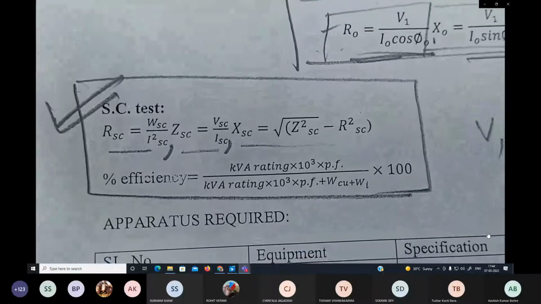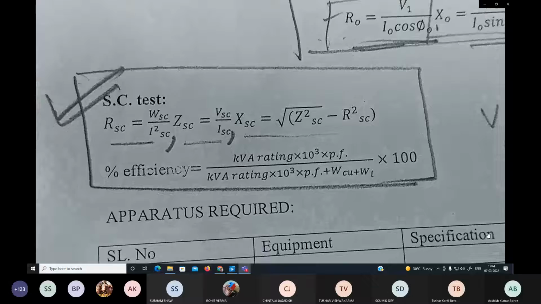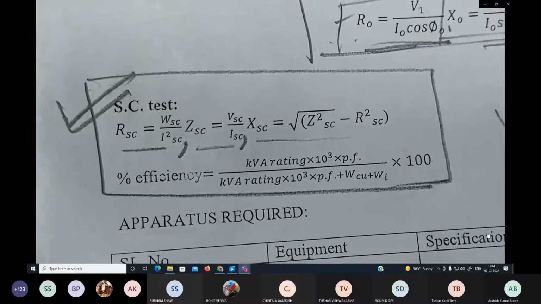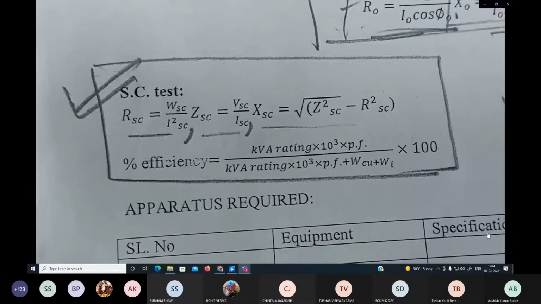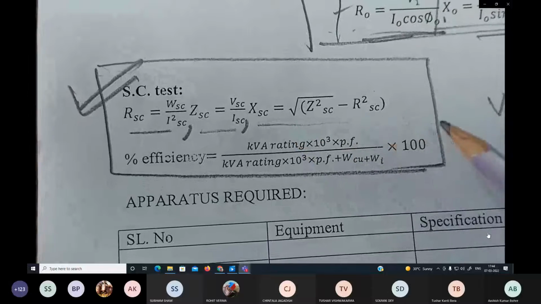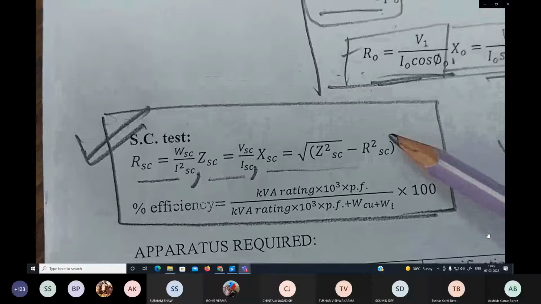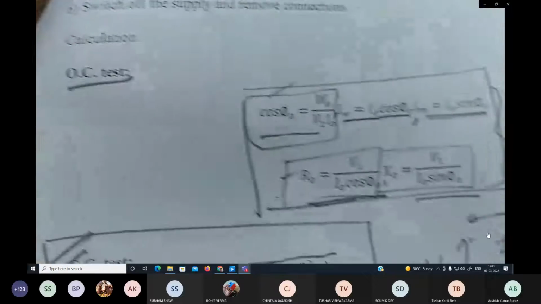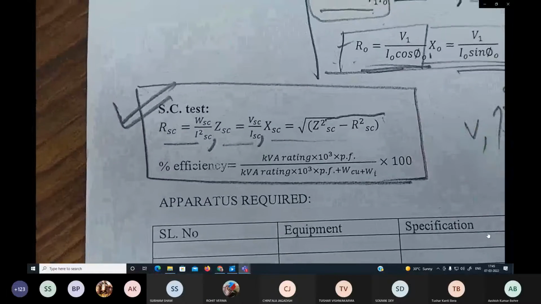ZSC will be obtained by dividing the voltmeter reading, that is VSC, by the short circuit current value, ISC. Once we have ZSC and RSC, we can calculate XSC, the equivalent reactance of the transformer at this condition. So it will be the square root of ZSC squared minus RSC squared.